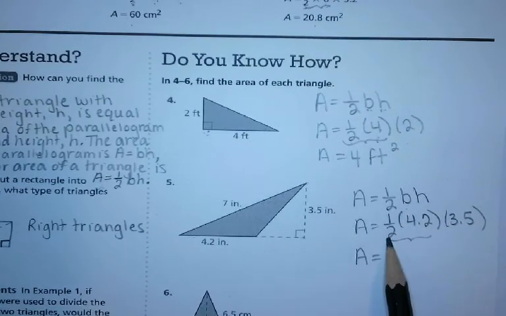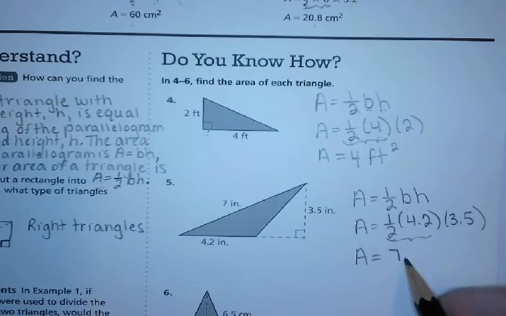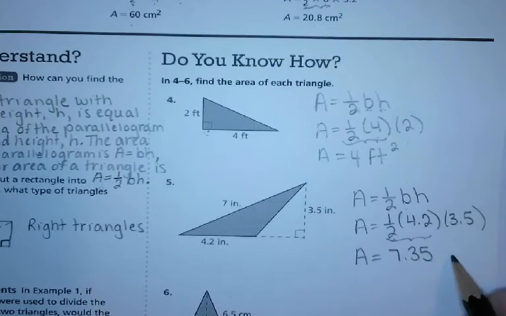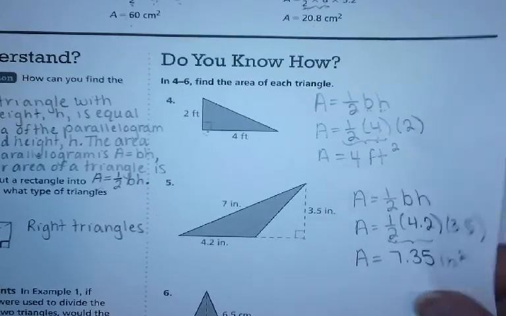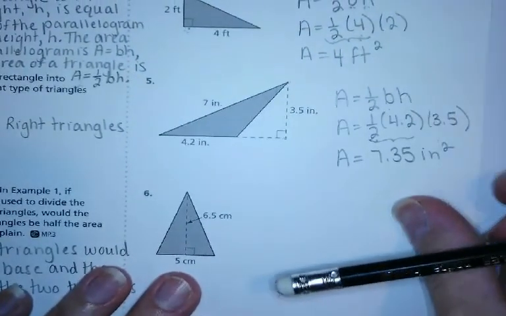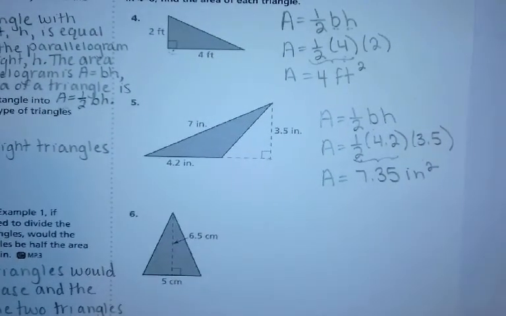So you're going to use that ABC key if you're using the same calculator that I'm using in class, or you could convert that to the decimal 0.5 times 4.2 times 3.5, and you're going to get 7 3/35 inches squared. Take a moment and please do question number 6 on your own.